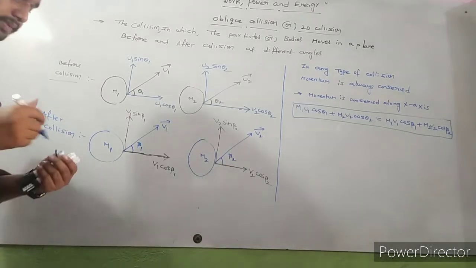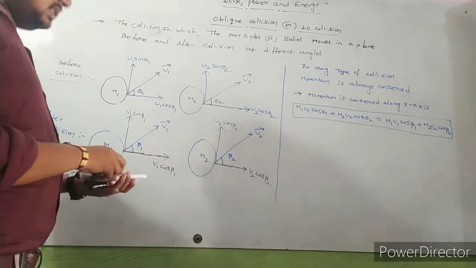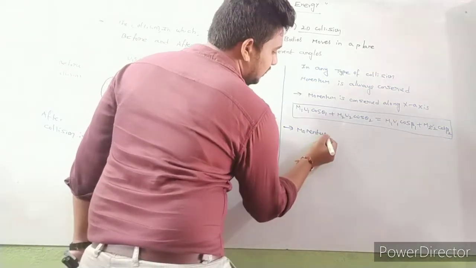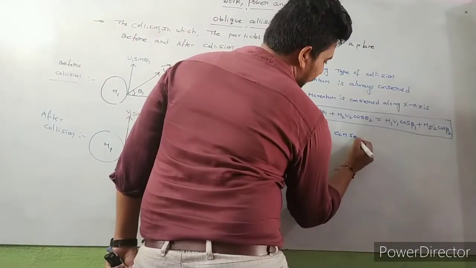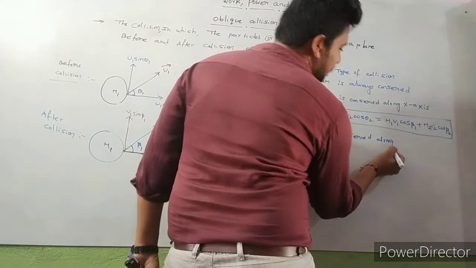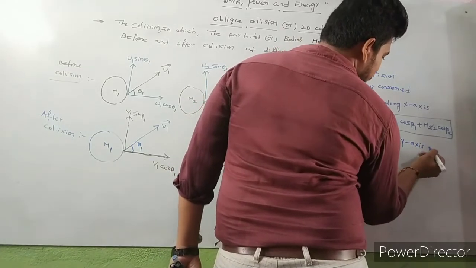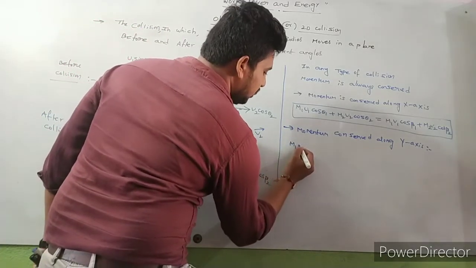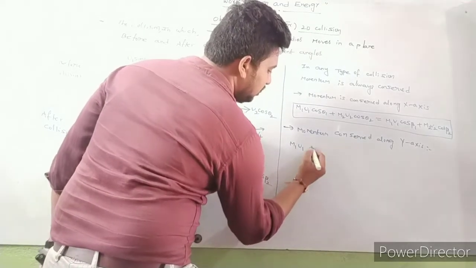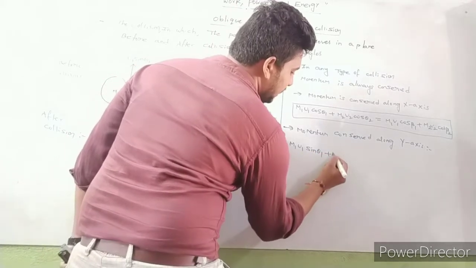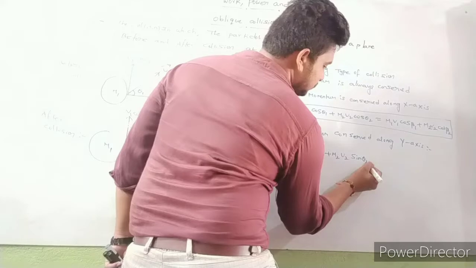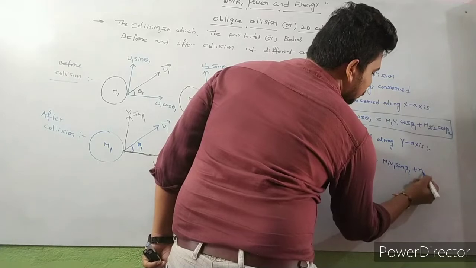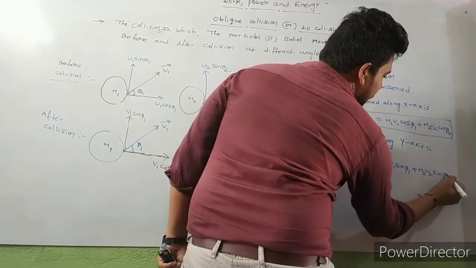Okay, so next, momentum is conserved along the y-axis. Momentum conserved along the y-axis is m1 u1 sin theta1 plus m2 u2 sin theta2 is equal to m1 v1 sin beta1 plus m2 v2 sin beta2.